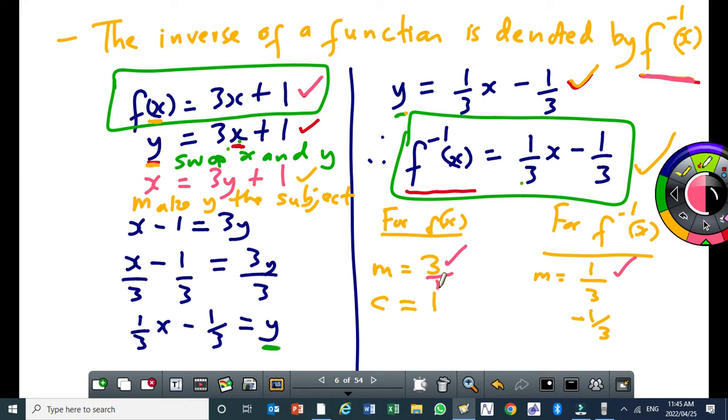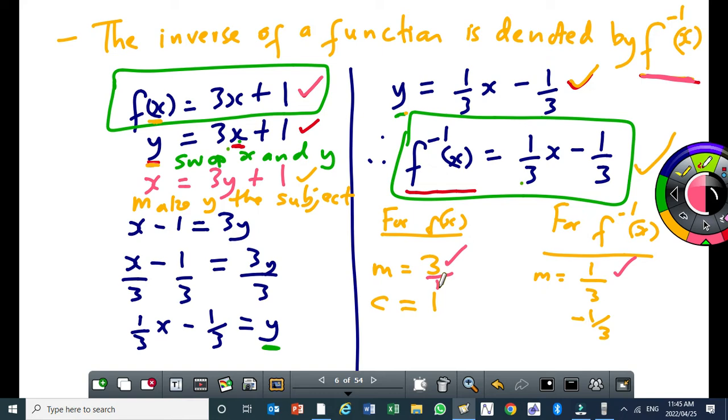Or you can say a third is a reciprocal of 3. If you didn't get either the word reciprocal or the word inverse, something is wrong. Okay? The reciprocal of 3 is 1 over 3. The reciprocal of 1 over 3 is 3. Maybe you forgot because it's been 3-4 years now.